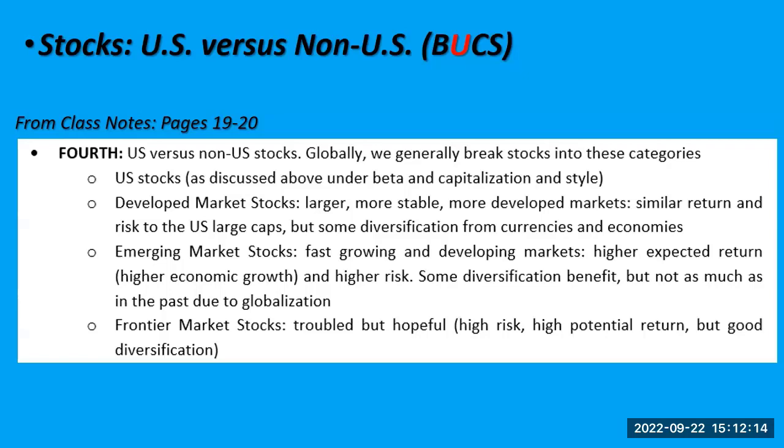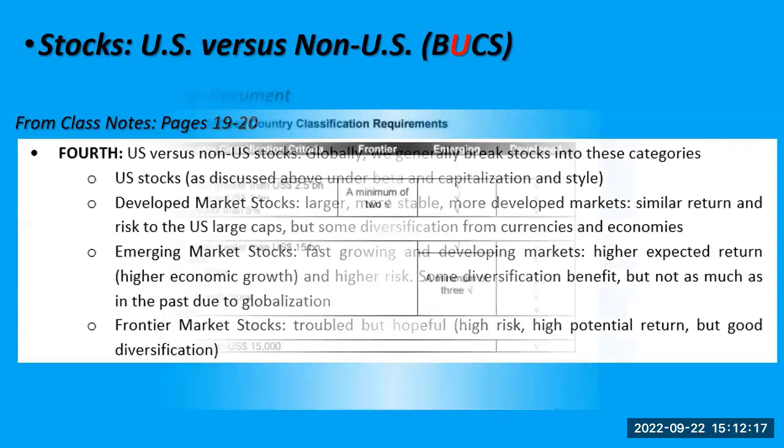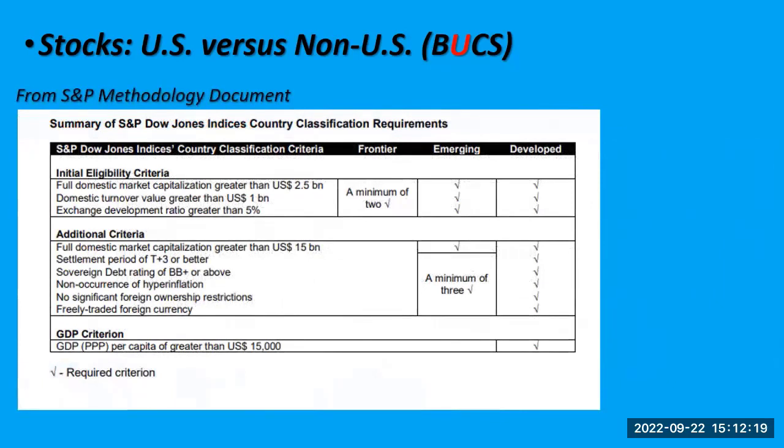So we'll have to find the list here, but here's how S&P talks about what is developed. To be a developed market, you have to meet all of these criteria. You have to have a market capitalization more than $2.5 billion, which, you know, Apple's what, $2.5 trillion.